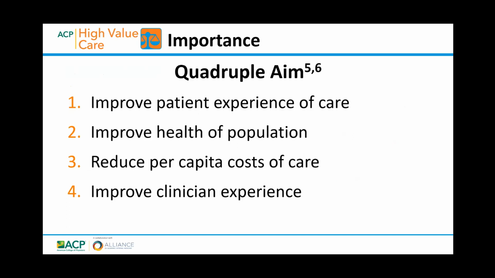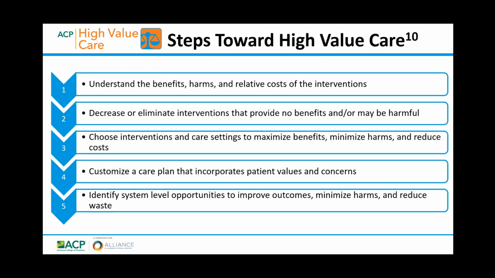Okay, so practicing high value care aims to improve patient experience of care. It improves the health of our population, reduces per capita costs of care, and improves clinician experience.